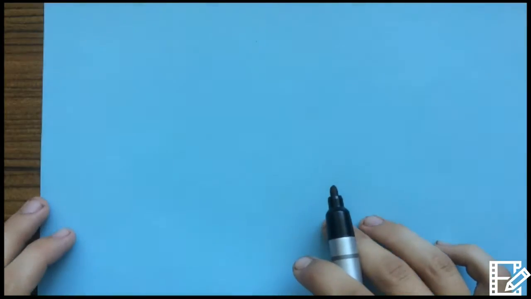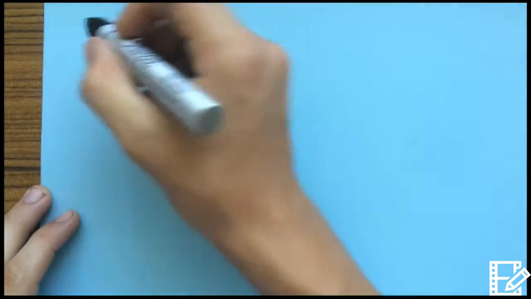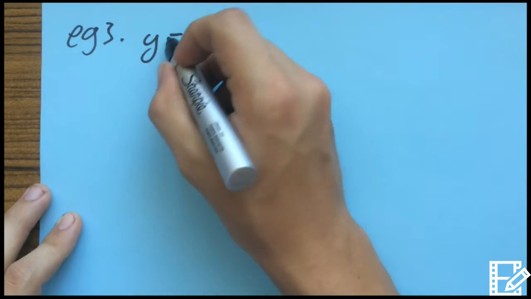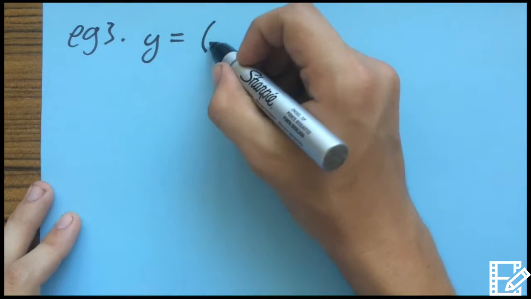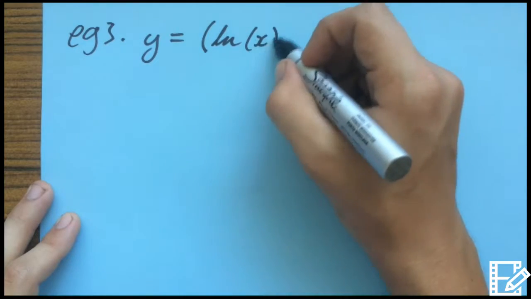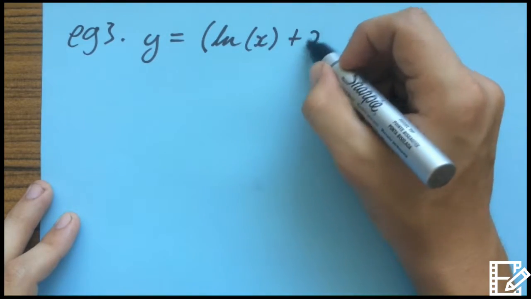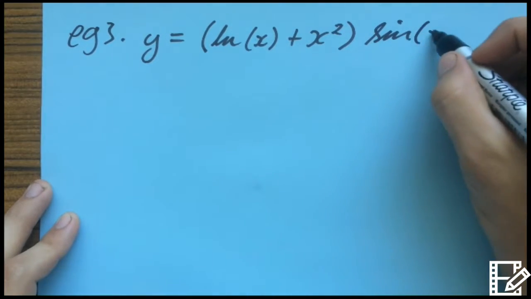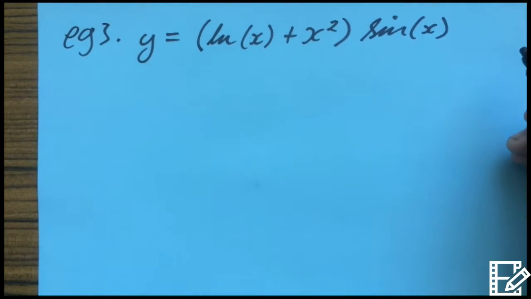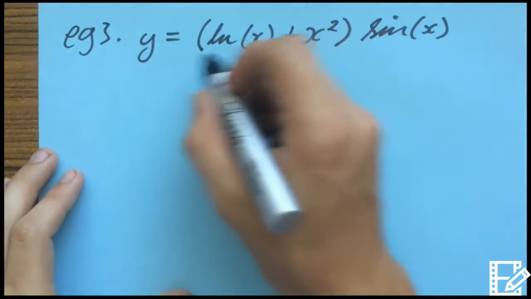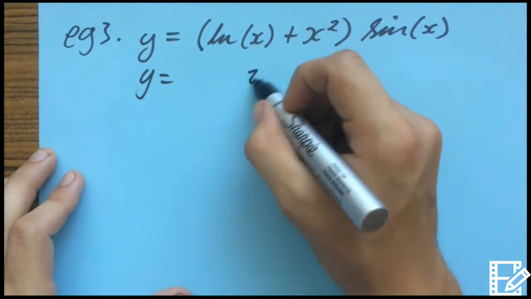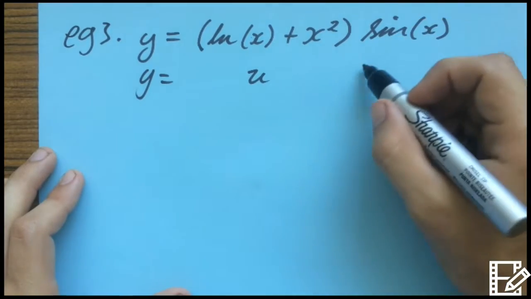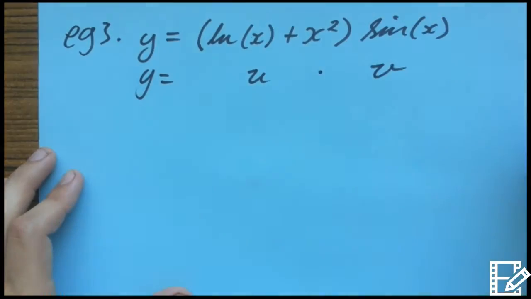And we'll finish with the third example. Let's say y equals ln x plus x squared, multiplied by sine x. So what we have is a function u, which would be ln x plus x squared, and a function v, and we multiply them.